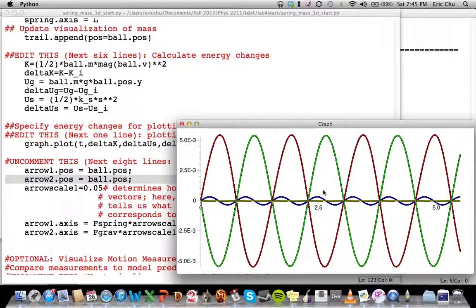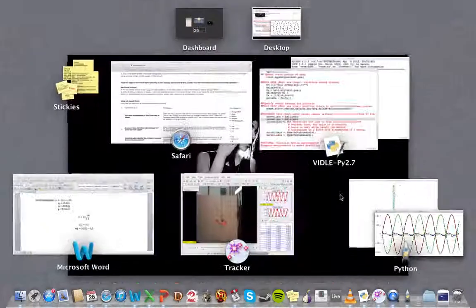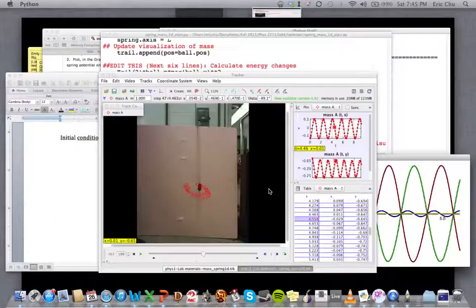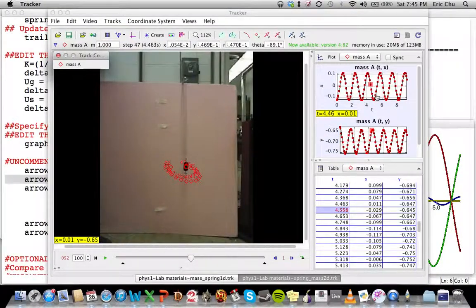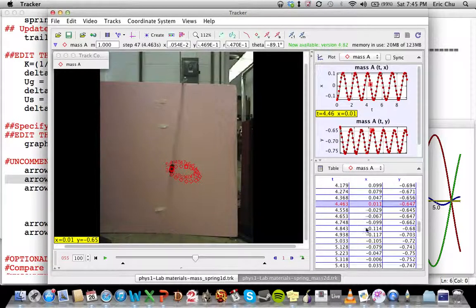So what if we used the X positions to calculate T, the period of oscillation?